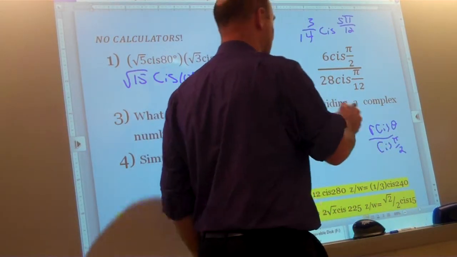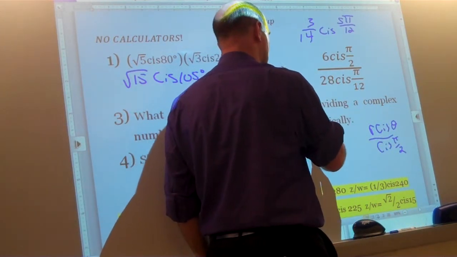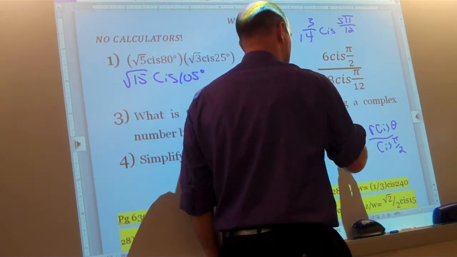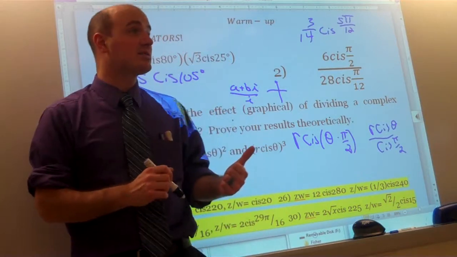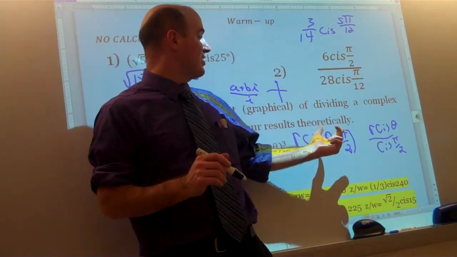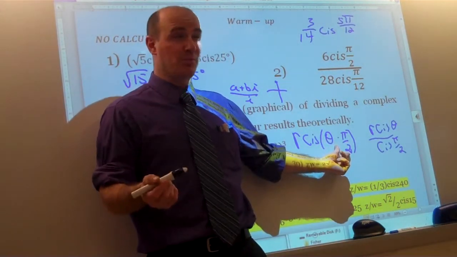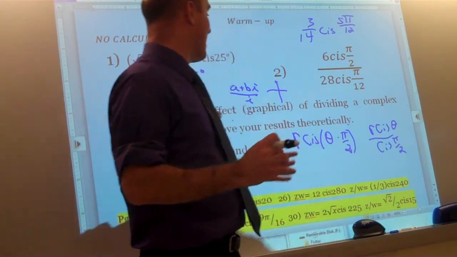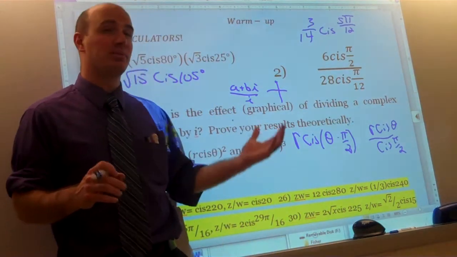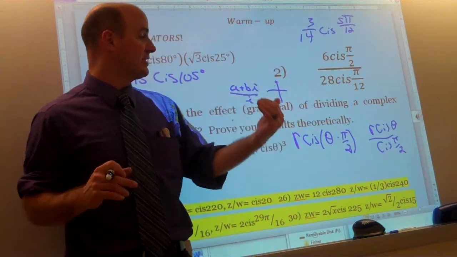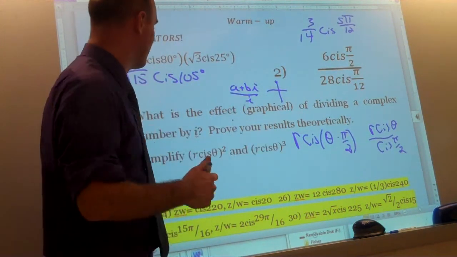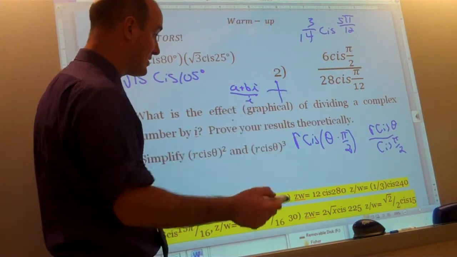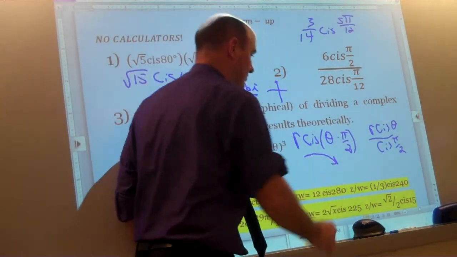So dividing it out algebraically in polar, we get r cis theta minus pi over 2. So the radius is unchanged, and the argument gets reduced by pi over 2. So graphically, what happens is it takes that polar number, that complex number, and rotates it pi over 2 in the clockwise direction. So if you were to answer this on Friday's test, that's what you would say.